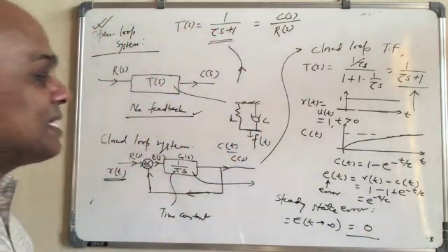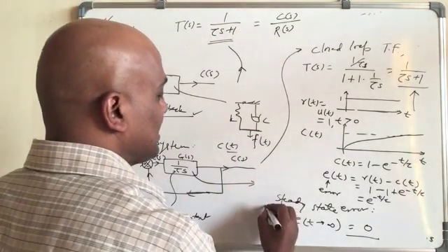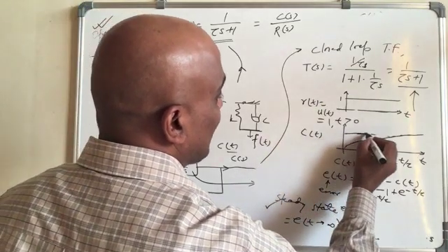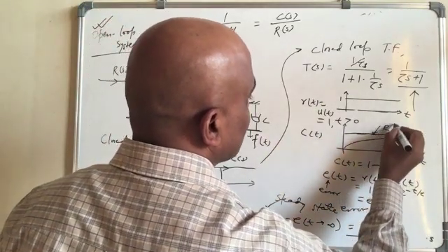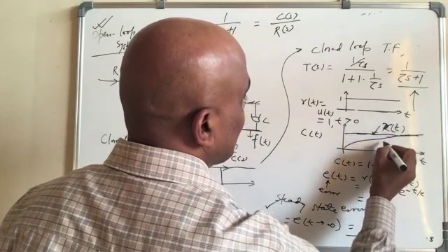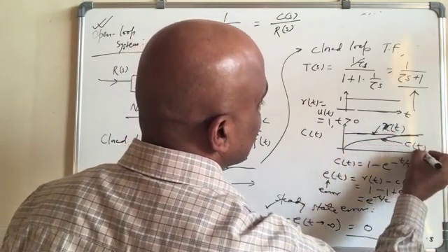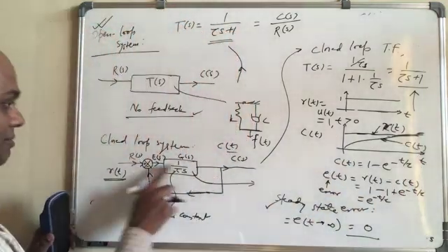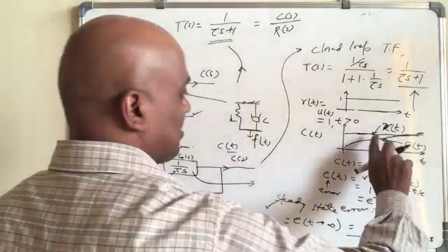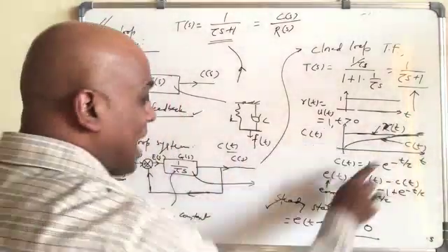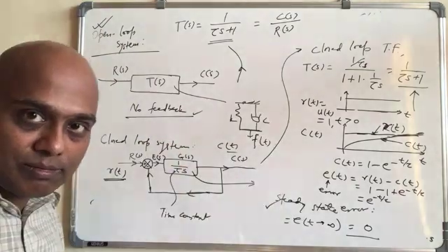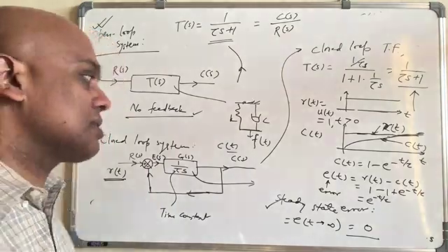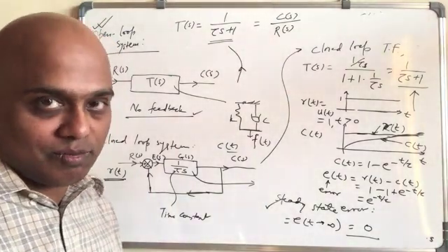So in this case, what we see is the steady state error is 0, because this is Rt, this is Ct, and in long time Rt becomes equal to Ct, right? So the first order system has a steady state error equal to 0. So this is the advantage of the first order system, but not every system is first order, of course.